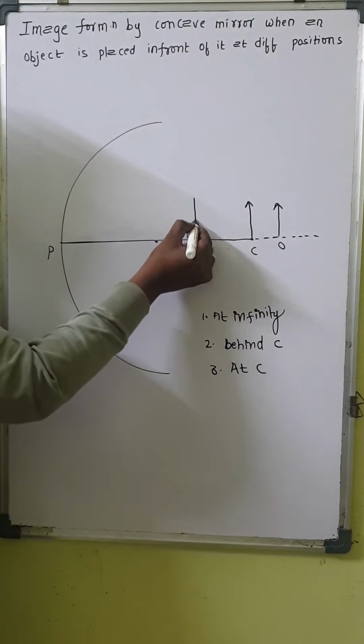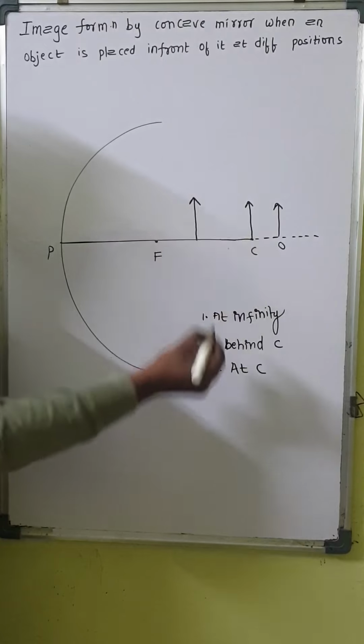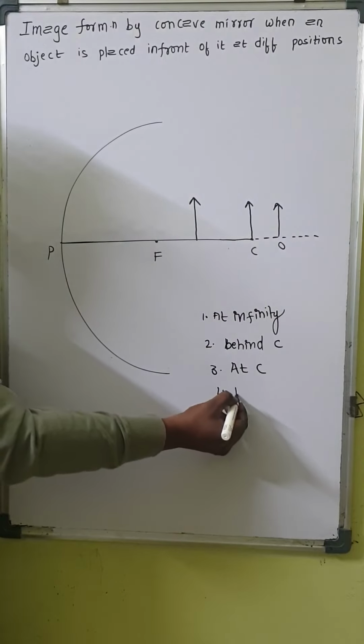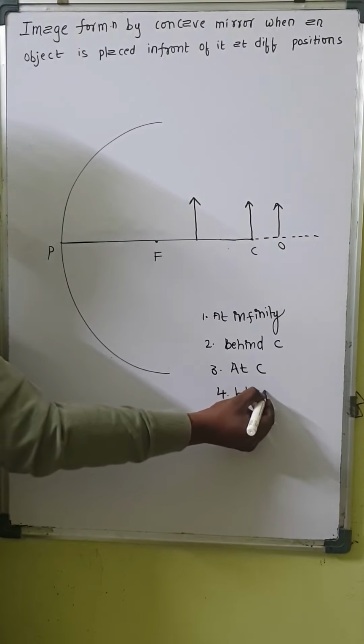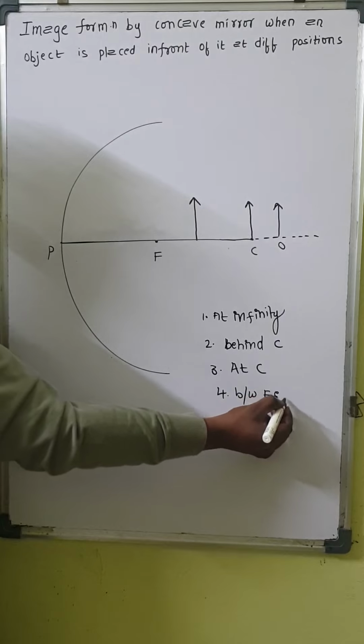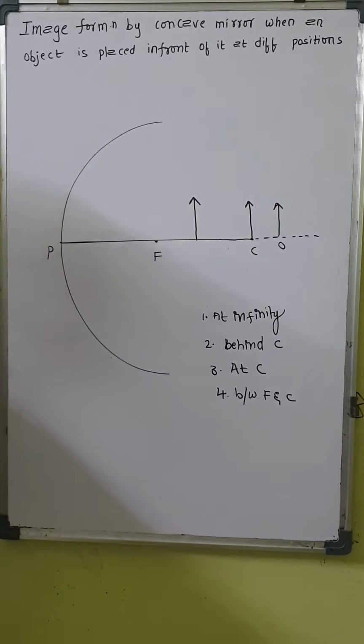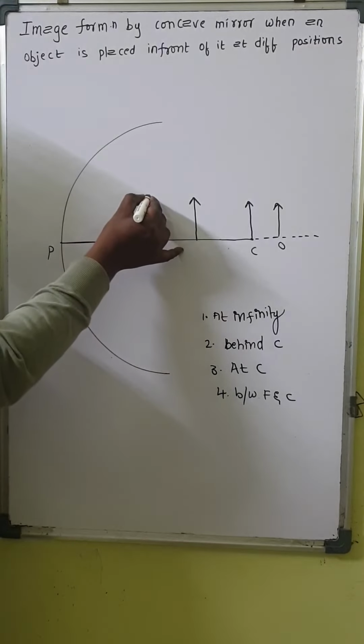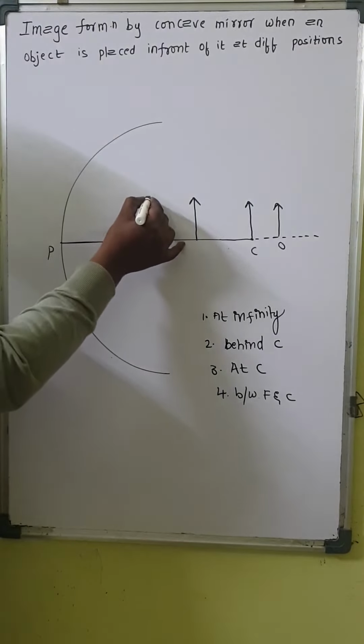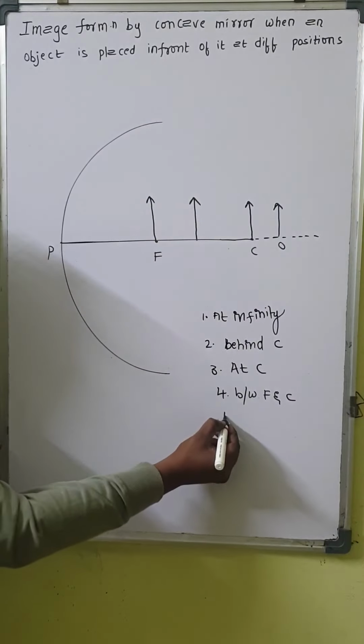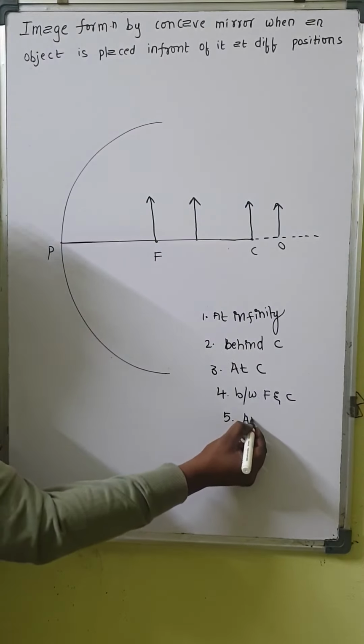This position is called between F and C. If the object is placed exactly at F, this position is called object at F.